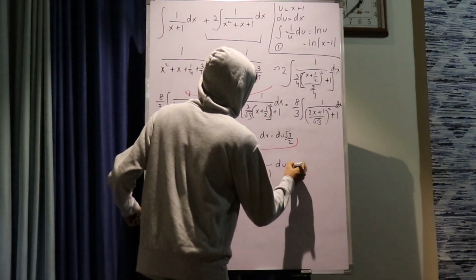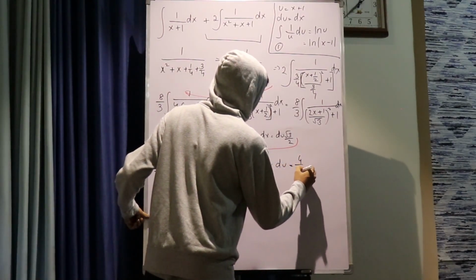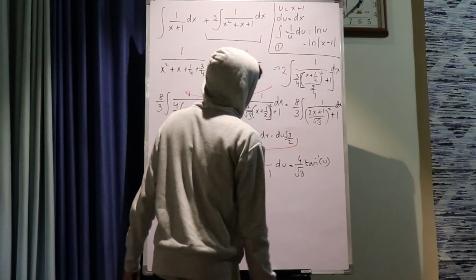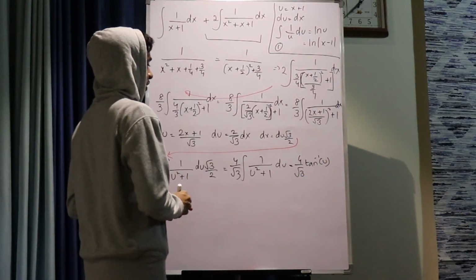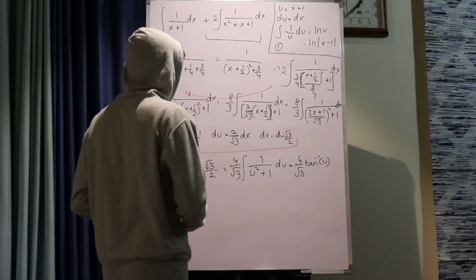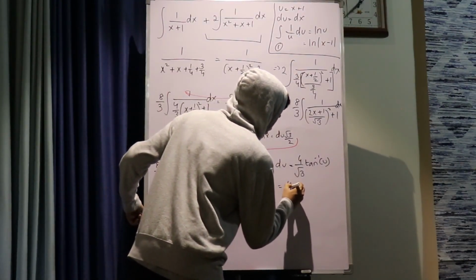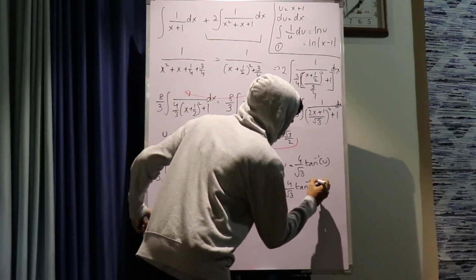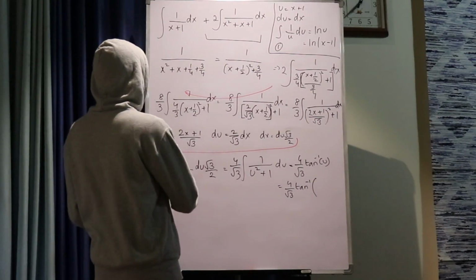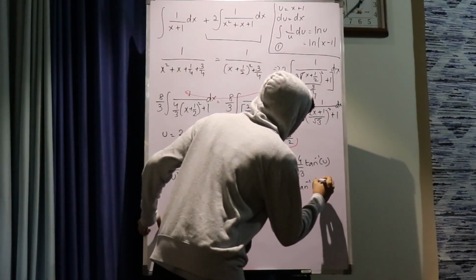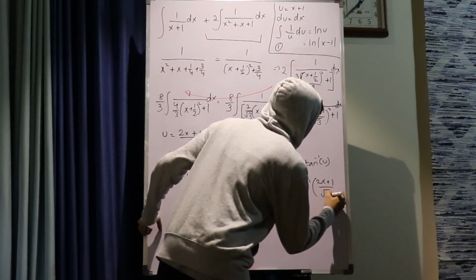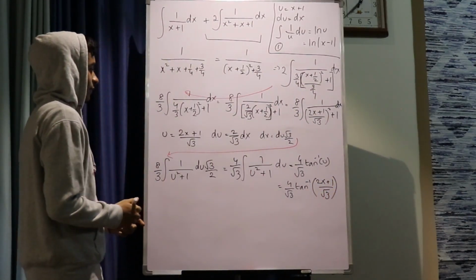So now we already know the integral. So this is just 4 over root 3 times tan inverse of u, right? Fairly simple. And of course, don't forget to plug in for u again. So this is just 4 over root 3 times tan inverse of, as we see over here, u is 2x plus 1 over root 3.